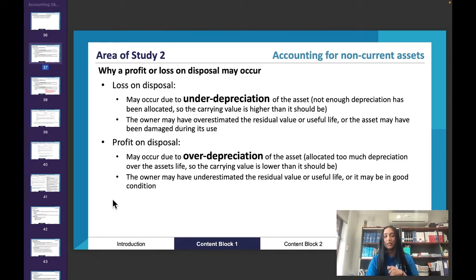And the second explanation to incorrect depreciation is that the condition of the non-current asset was impacted in some way. So either it was impacted in a negative way, so it was damaged, think of what I was saying before, a van getting into a car accident, or that condition is better than what you were expecting. So basically you just took really, really good care of that non-current asset, which worked out in your favor.